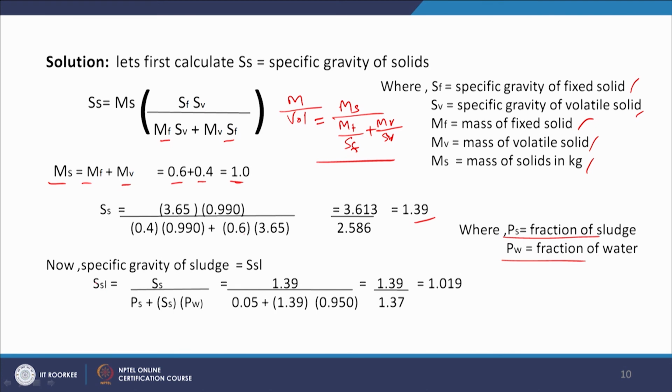So, the specific gravity of sludge, S_SL, is equal to S_s divided by rho_s plus S_s by rho_w.